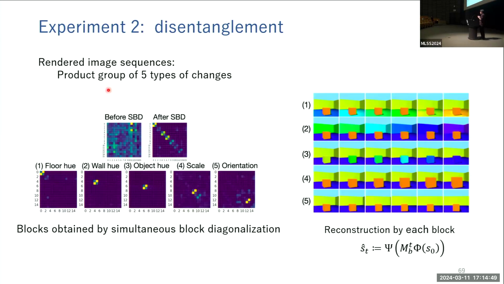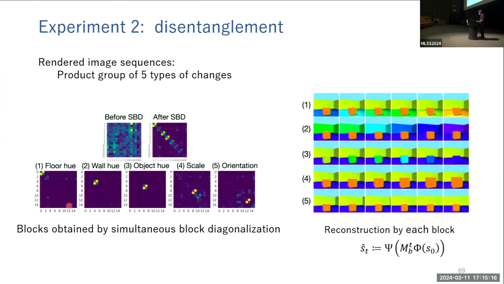And after applying our method to these sequential data, we apply the block diagonalization to all the matrices, and we see that the block diagonalization works very well in this case, and there are many two-dimensional blocks as irreducible representations.